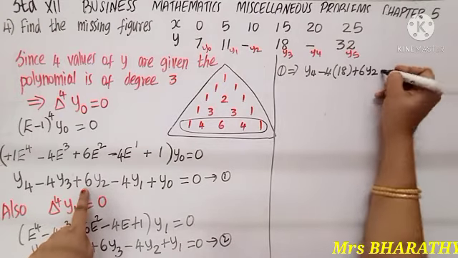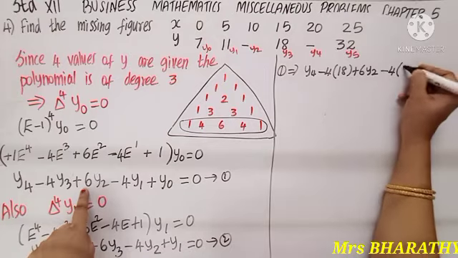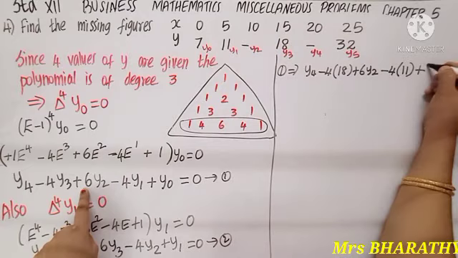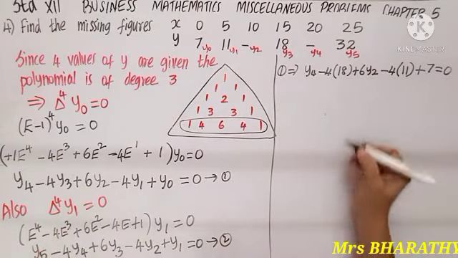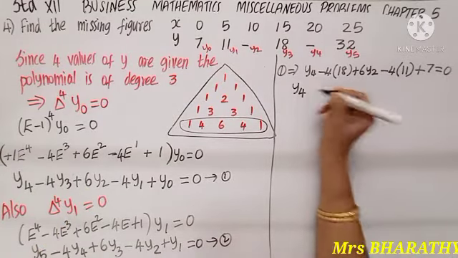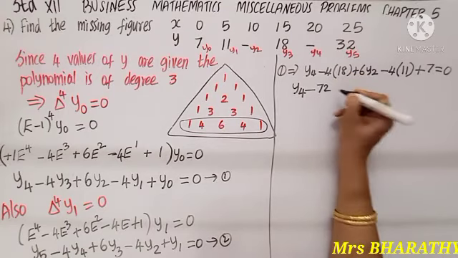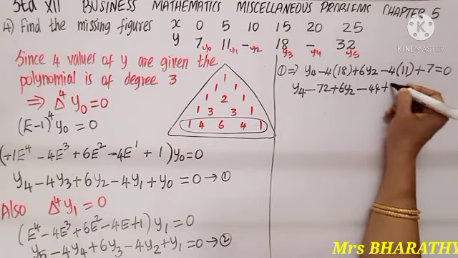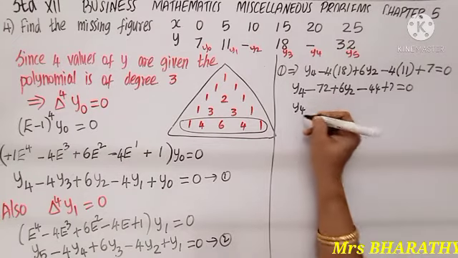Write as it is. Minus 4 into y1, 11 plus y0, 7 equal to 0. Simplifying this, y4 minus 72 plus 6y2 minus 44 plus 7 equal to 0.